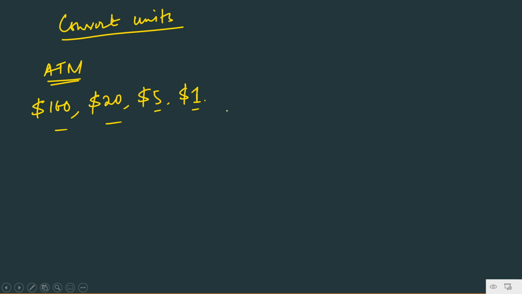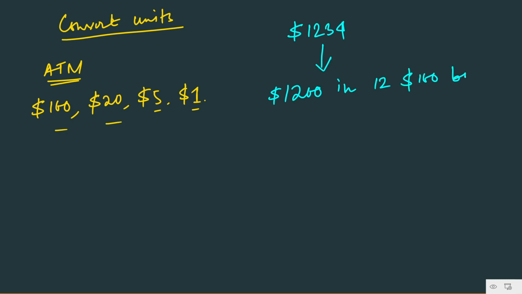Now, the problem is, how do you calculate how many $100 bills to dispense, how many $20 bills to dispense, and so on and so forth. For example, if you ask for $1,234, the ATM will give you $1,200 in 12 $100 bills.